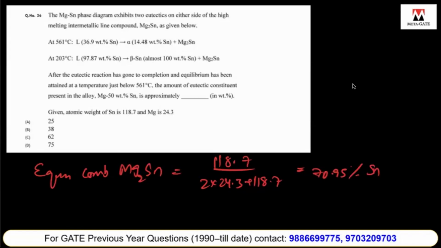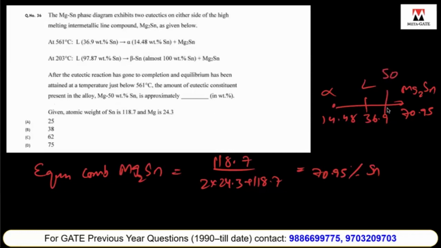The eutectic reaction is liquid gives rise to alpha plus Mg2Sn, with compositions 36.9, 14.48 and 70.95. The liquid is at this composition, and you get alpha and Mg2Sn. So you need to find the amount of eutectic constituent at 50 weight percentage of tin. So this is 50.